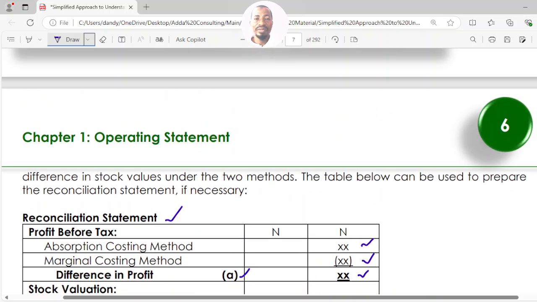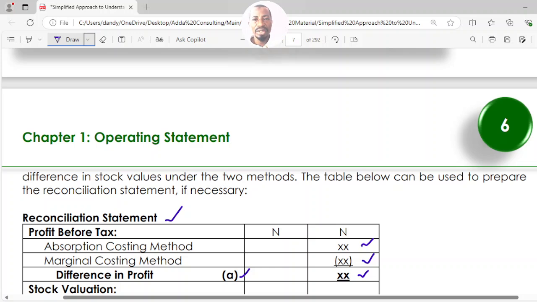So far, we have discussed the concept of the operating statement, which I said is the same thing as the income statement. Not only that, we have dissected the two methods of presenting income statements, including the marginal costing method and the absorption costing method.